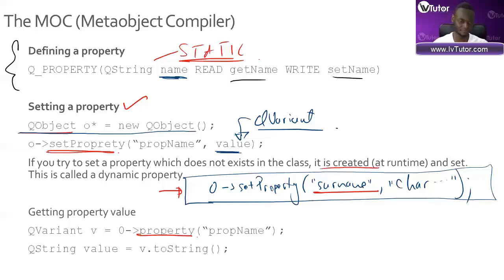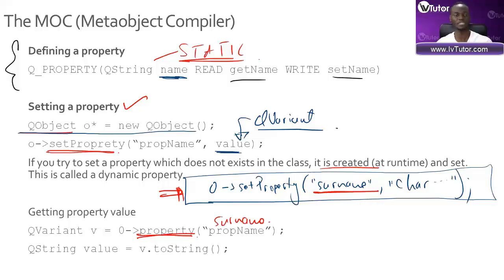It creates it at runtime, which means this property is not going to be there in the class. Like if you go and check your code, it's not there. But when your program runs and it goes to this line, it will actually create a property called surname for you and sets the value, which means if you then use the property function to get this property, you'll get the value of that property.